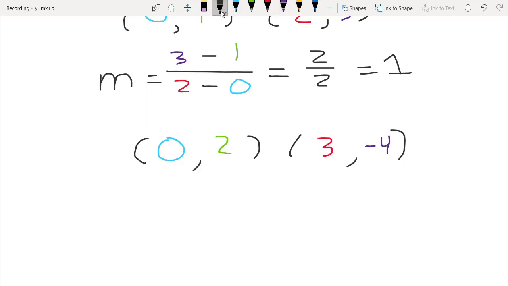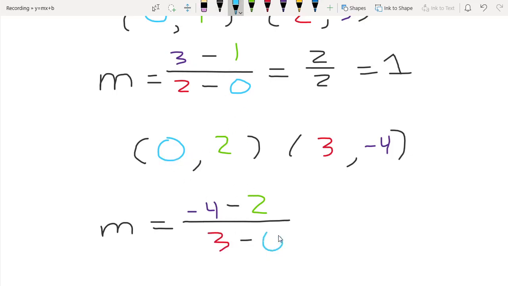Okay, so I'm assuming that you paused the video, and I will do the problem for you now. So m, otherwise known as slope, is equal to y2, which is -4, minus 2, which is y1, all over x2, which is 3, minus 0, which is x1.